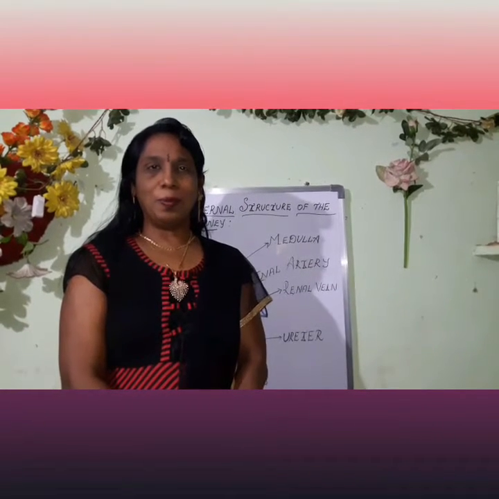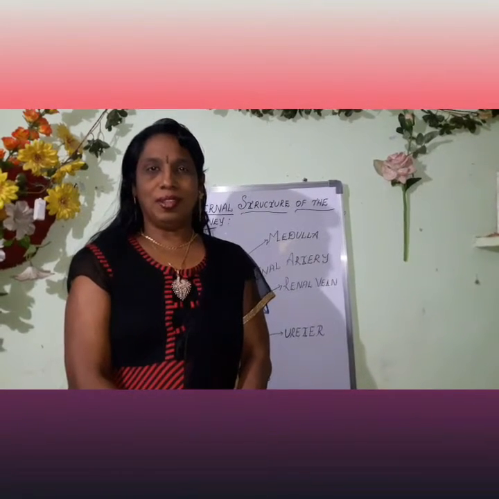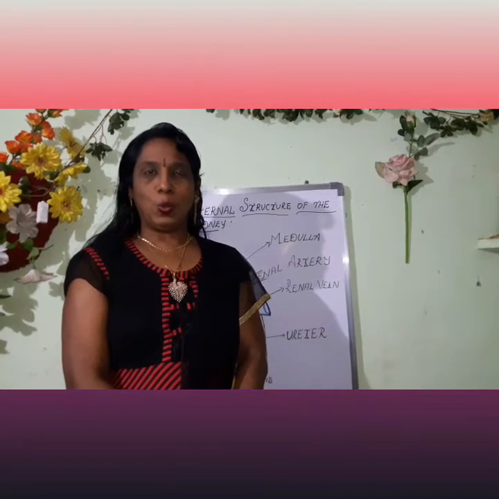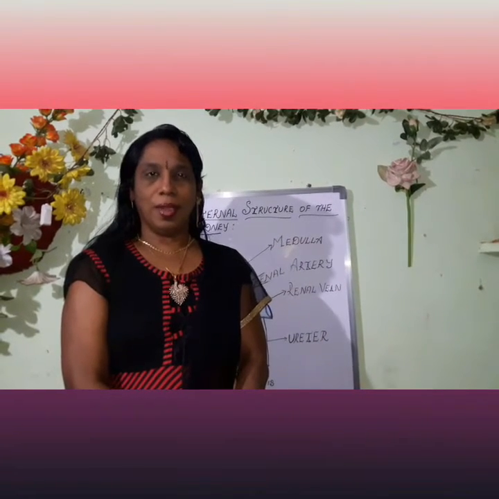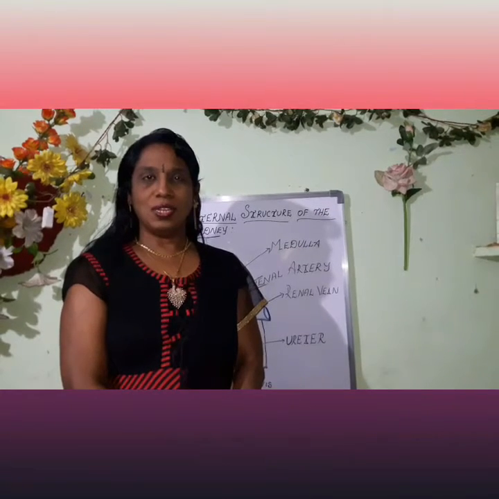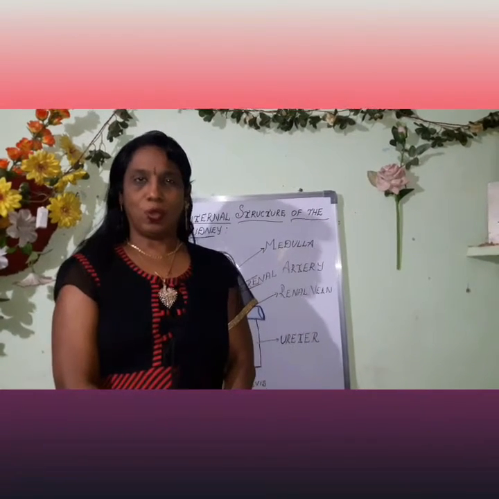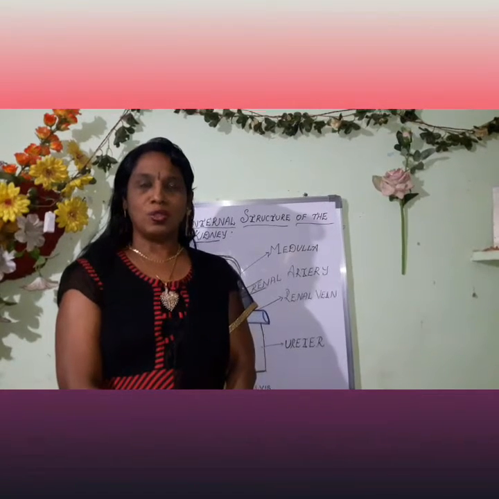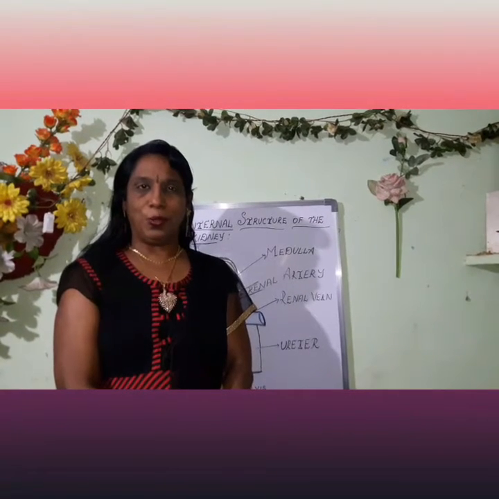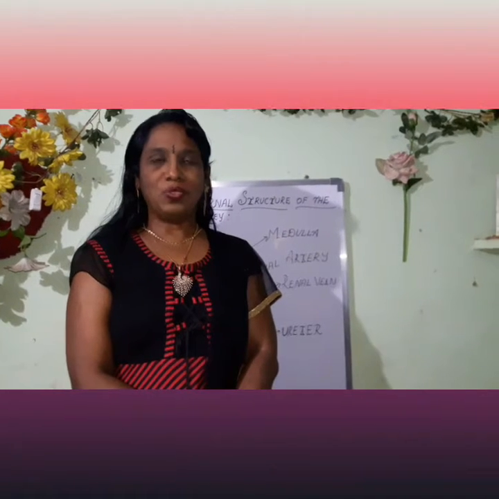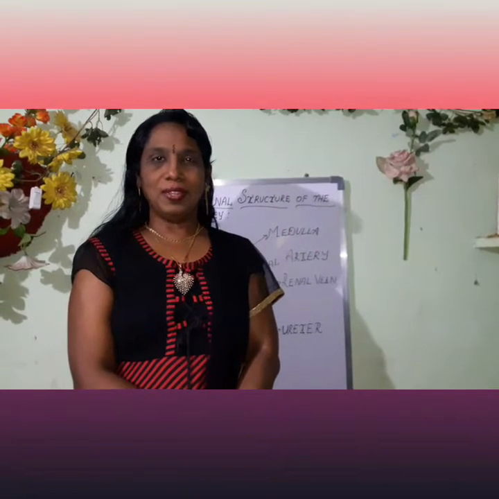Each kidney is made up of nearly 1 million, that is 1.3 to 1.8 million, microscopic thin tubular units, the functional units of the kidney, called nephrons.